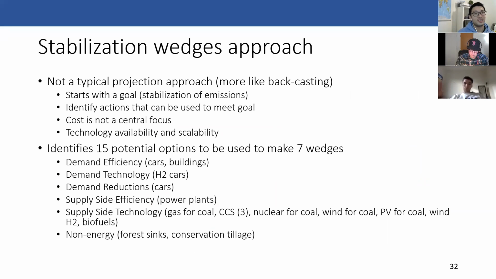Particularly in this context, it's just saying, okay, if I do this, what happens to emissions? In that particular paper, one of the nice things about these types of approaches is you identify a whole bunch of options that you can do to make these wedges.